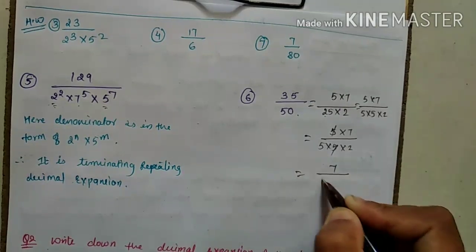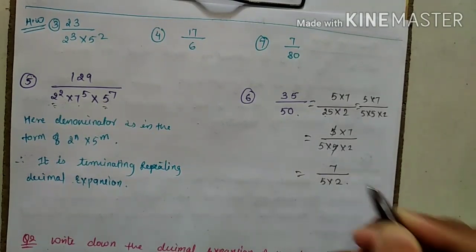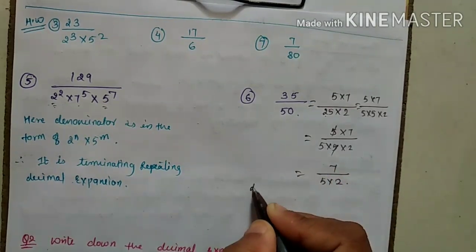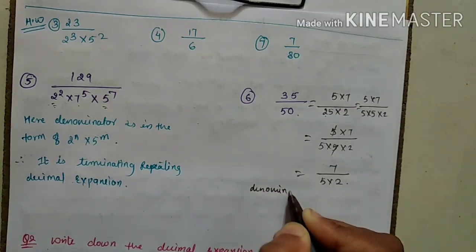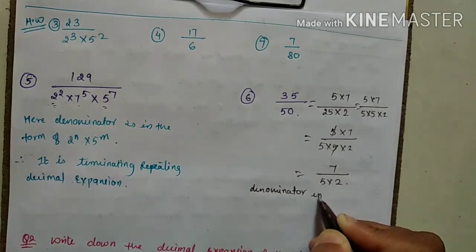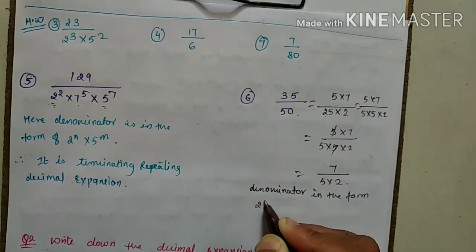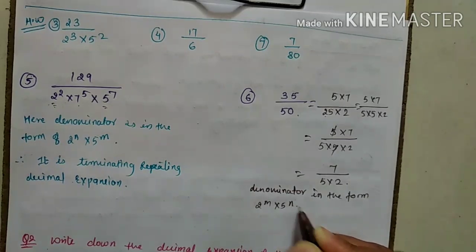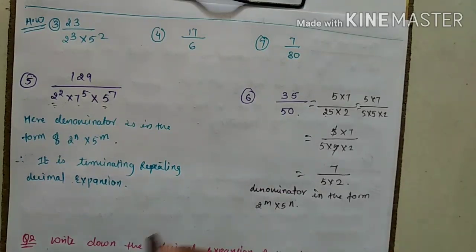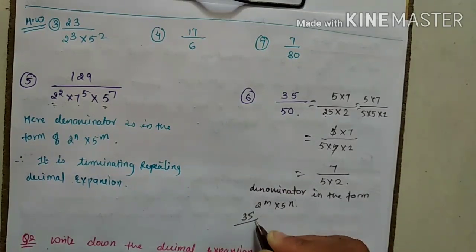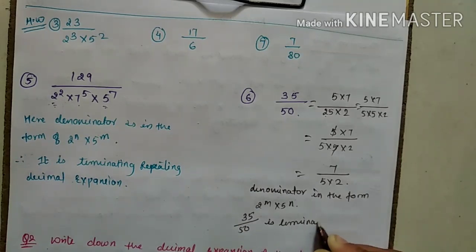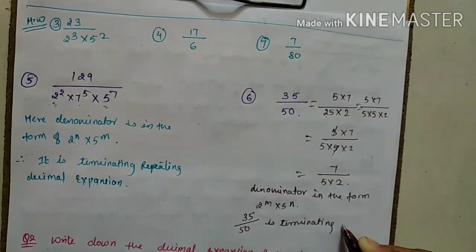What remains? 7 by 5 into 2. Again you can see the denominator is in the form of 2 to the power m into 5 to the power n. So what you can write: hence 35 by 50 is a terminating decimal expansion.